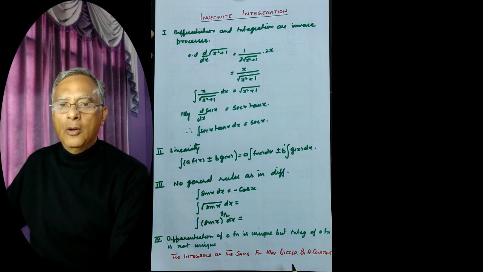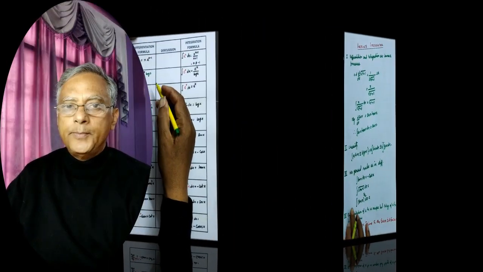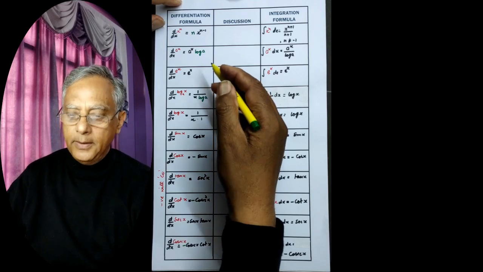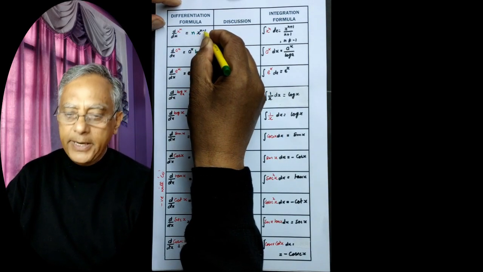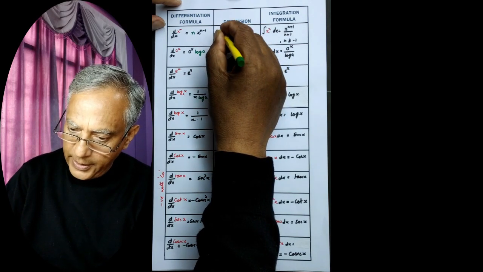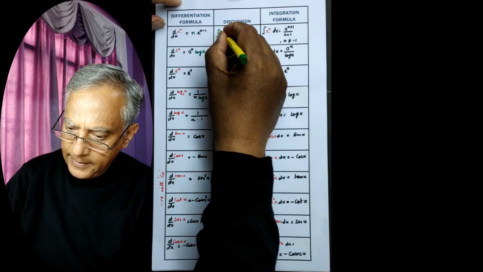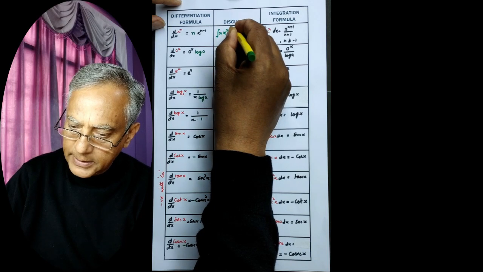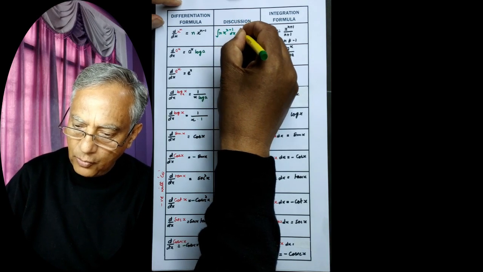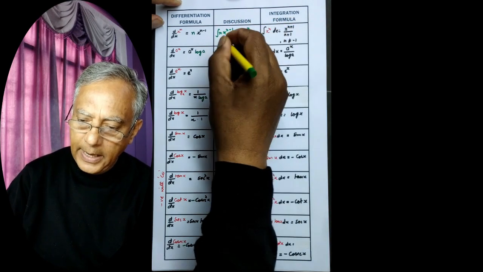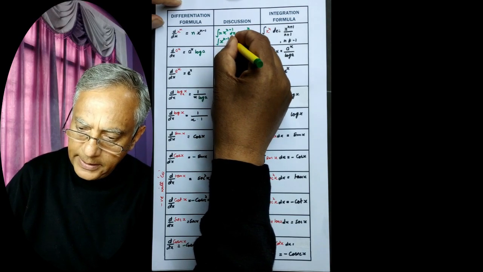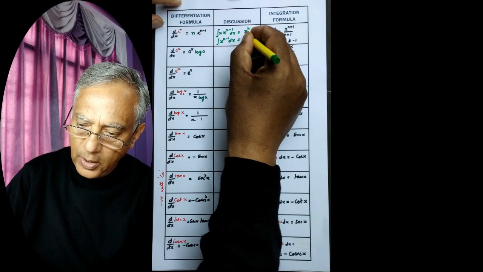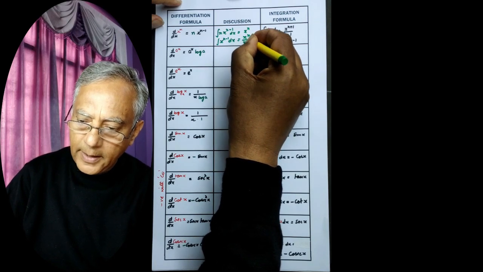Now we take up some formulae directly based on differentiation of a function. dy/dx of x to the power of n is n x^(n-1), and therefore integration of n x^(n-1) dx will be x^n, and therefore integration of x^(n-1) dx will be equal to x^n over n.